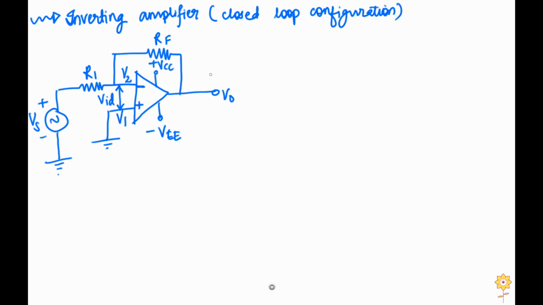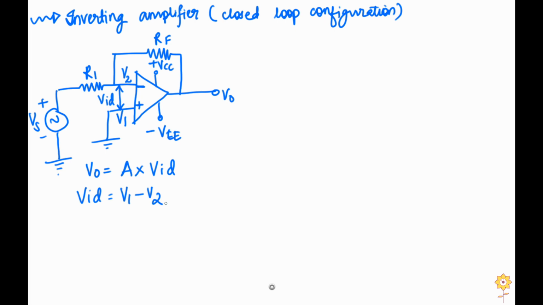Now we know that the output voltage for an Opamp is equal to the gain of the Opamp, which is denoted by A, multiplied by the difference in input voltage, which is VID, and VID is equal to V1 minus V2, right?